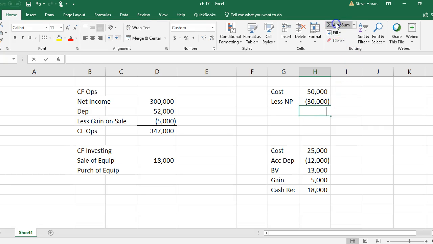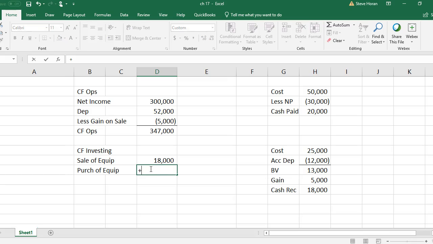Because all I really care about is the cash paid. So this is the cash paid. I paid 20,000. And actually I should do a subtraction of that. That should be a minus. Cash paid. So my net cash from investing is a negative, which is actually very, very common. It's 20,000.